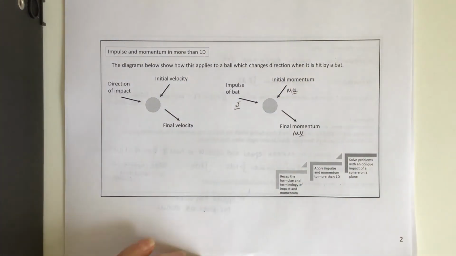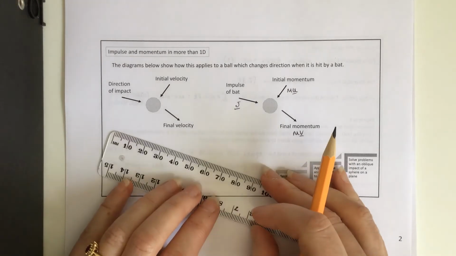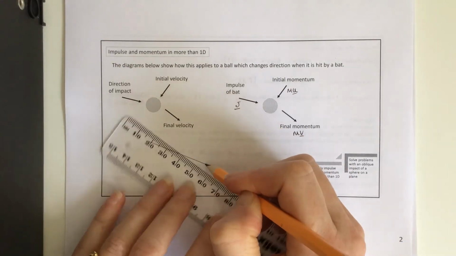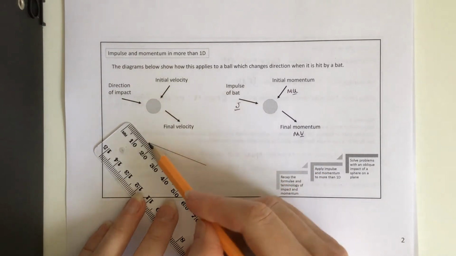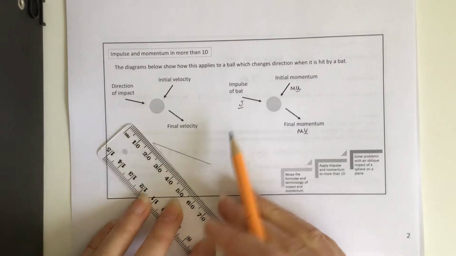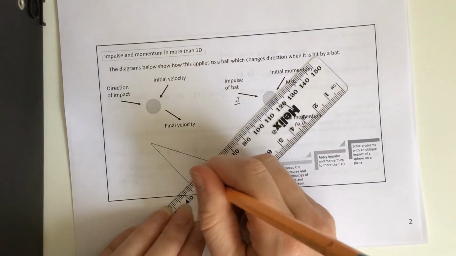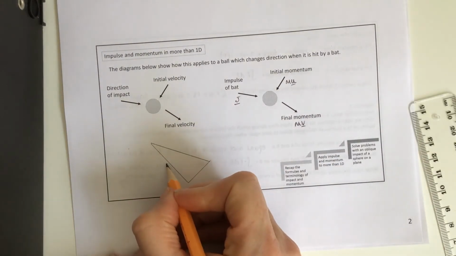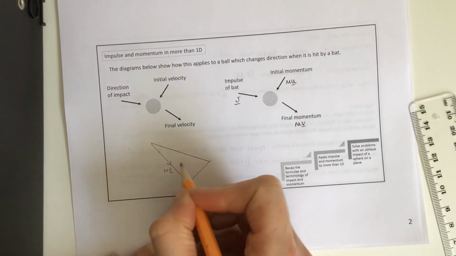And if we then draw that on a diagram, I'm going to use vaguely these directions here, we can see that I've got j coming down there, I've got mv coming here, and now just be really careful with this one. So let's just label these and we'll have a look at that in a second. So here we've got our final momentum.